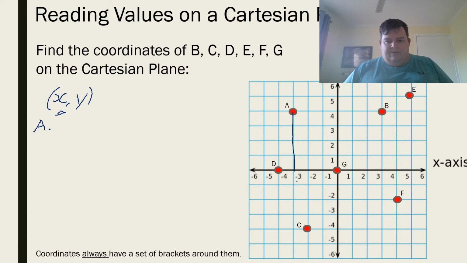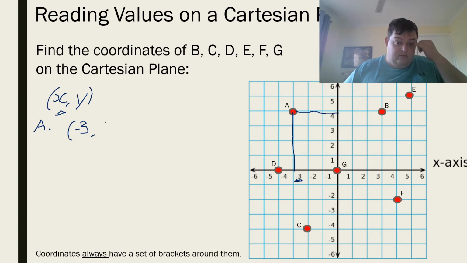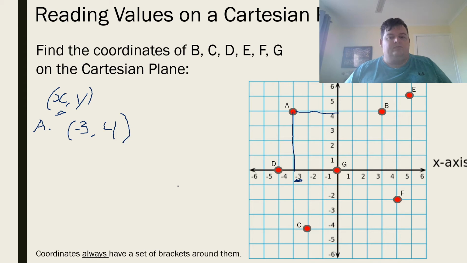I can see it lines up at -3, meaning my point will be -3, and then I look at the y-axis, where's the line up? That appears to line up at 4. So -3, 4. All right.